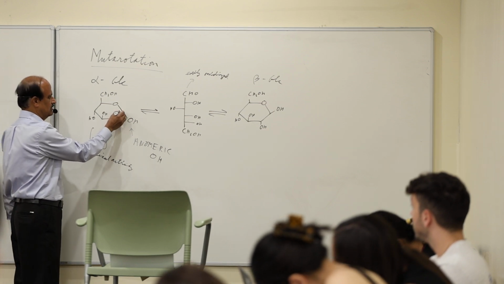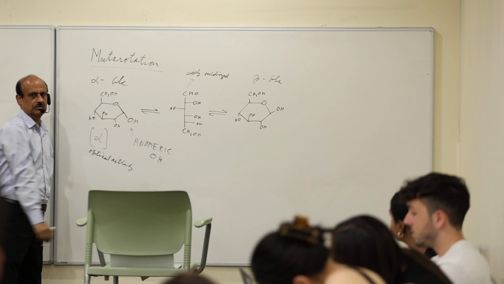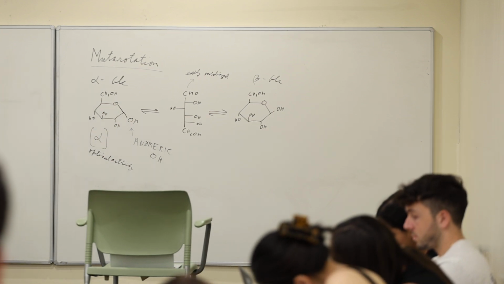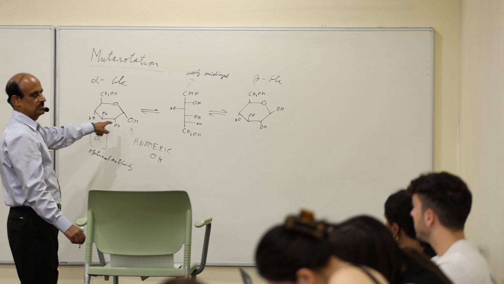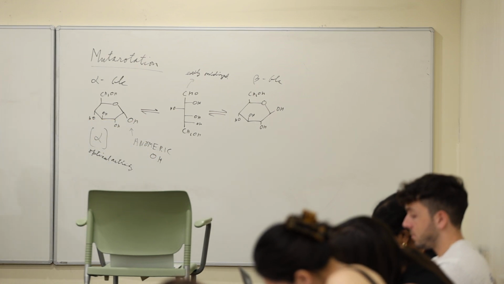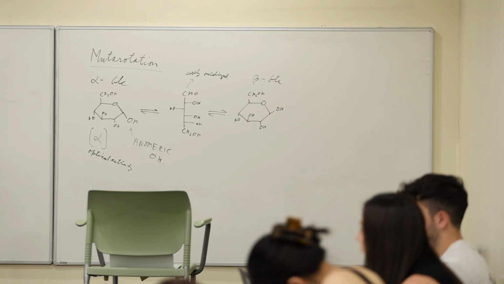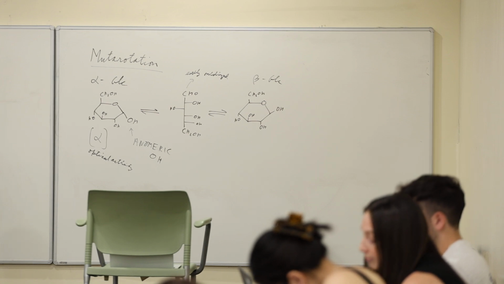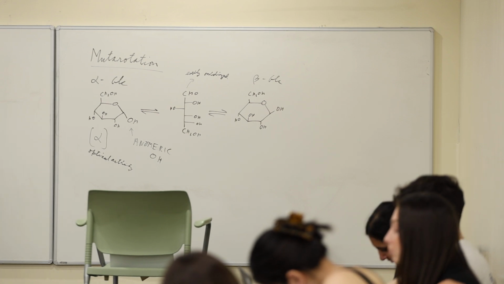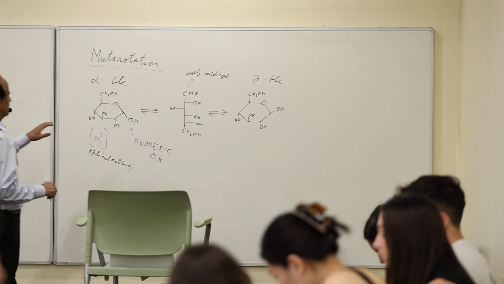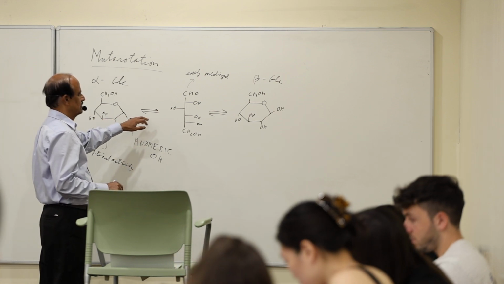This is the only carbon that is linked to two oxygens. And if you have that OH, that is a reducing sugar. So not all sugars are reducing sugars, as we will see, because some don't have that anomeric OH. For example, sucrose is not. We will talk about that in a few minutes.